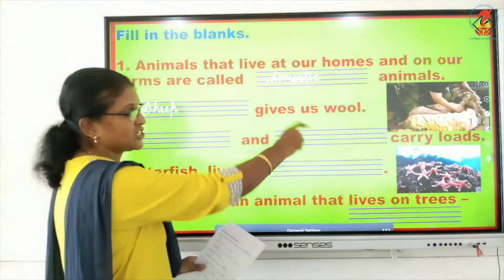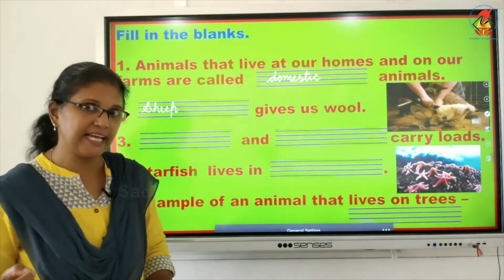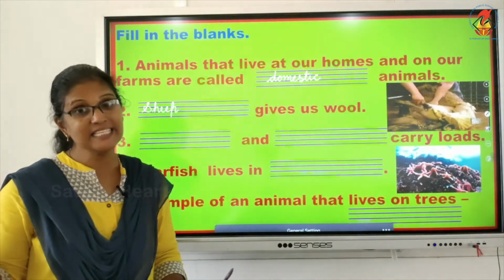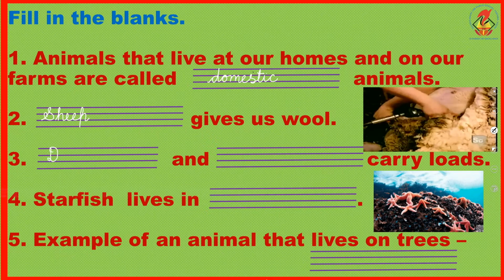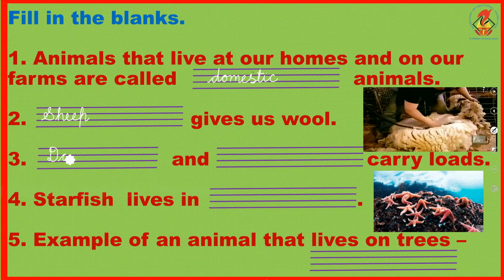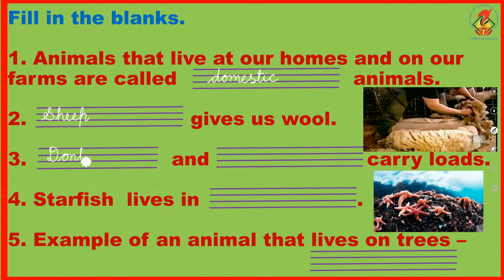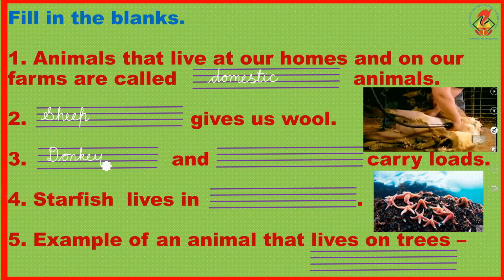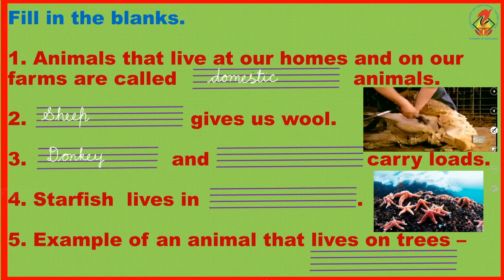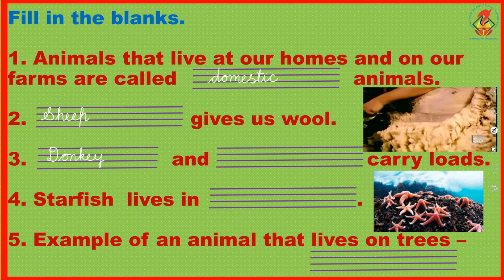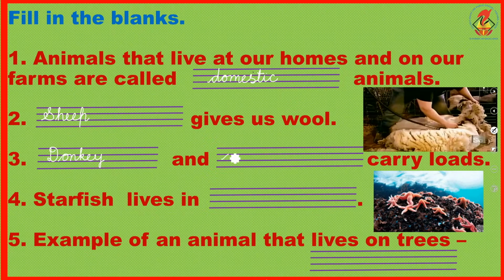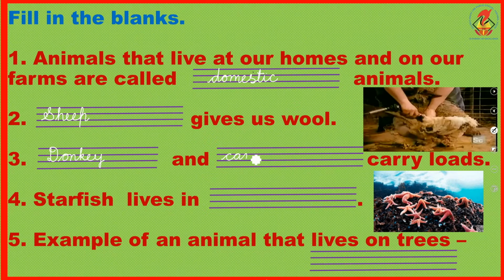So what do we write? Yeah, donkey and camel. D again capital letter because it's the starting of the sentence. D-O-N-K-E-Y, donkey. Then the next one, what are we going to write next? Camel. Camel will be small letter because it's in between the sentence.